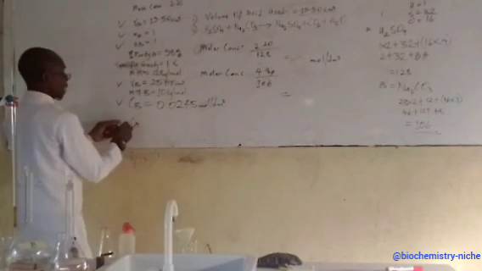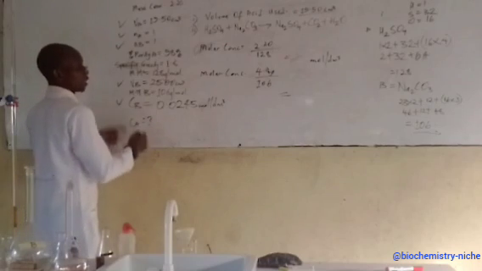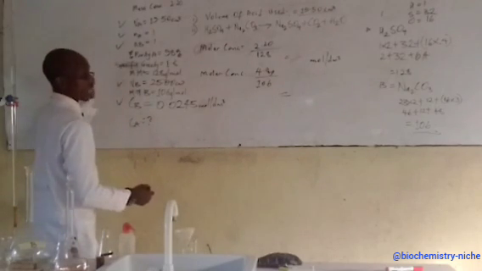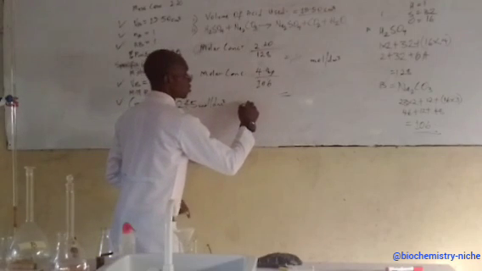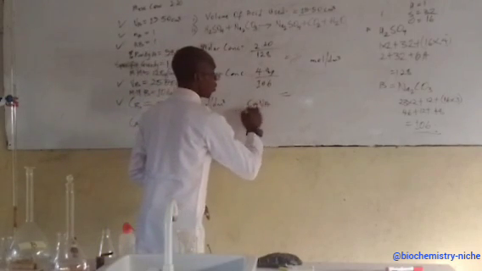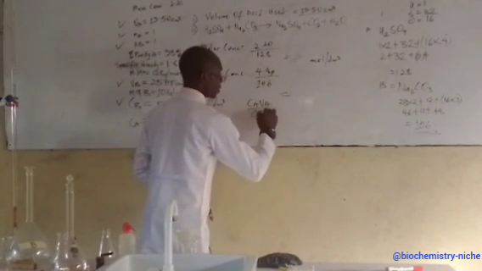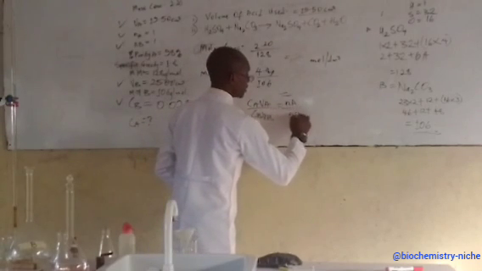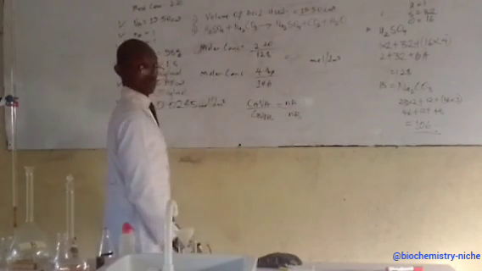Now we are told to find the CA. For this type, since we do not have the molar mass or anything, what we'll be needing is CaVa over CbVb equals NaNb. So this is the formula that we'll be needing.